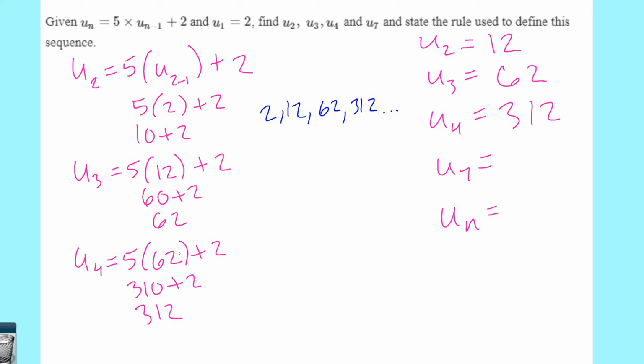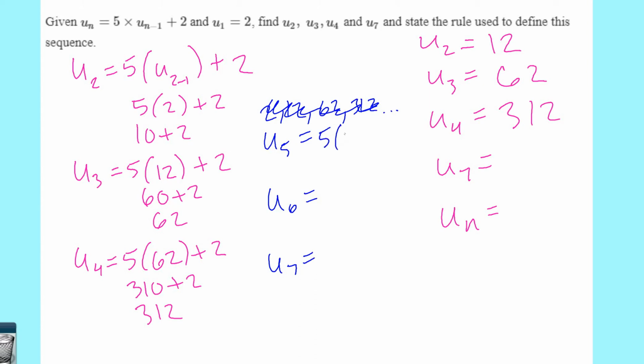Trying to figure out the pattern. Sorry, I'm sitting here thinking there's an easier way to do it. I think the best way, since we're trying to find the 7th term, is just keep using the recursive rule. So you're going to have to find the 5th term and the 6th term. So you just keep plugging it in.